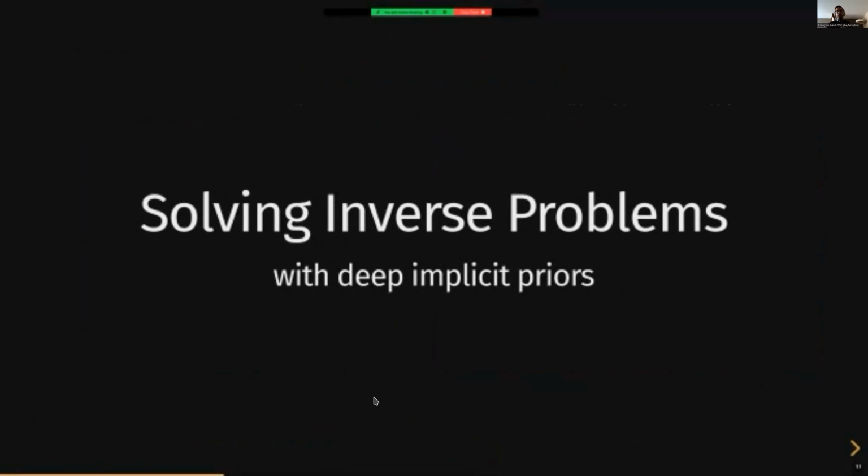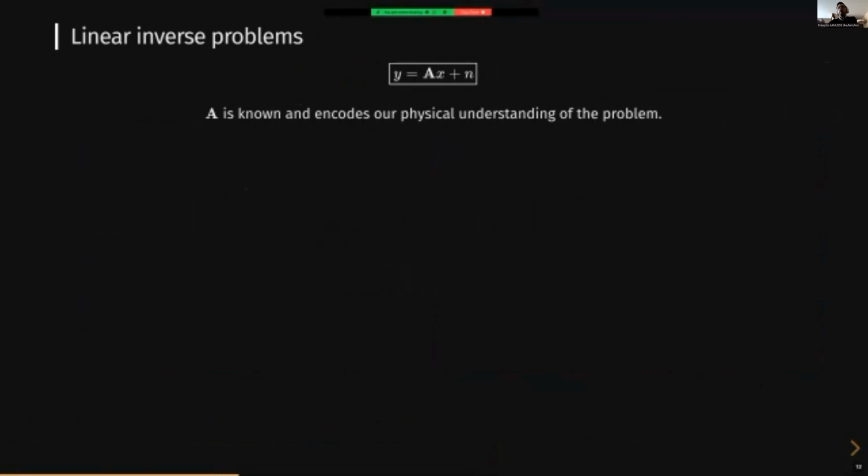I want to show you the first example of such an application, which is to try to solve inverse problems. I don't know if you've already met them in your own research, but they are pretty much everywhere in science and in engineering in general. They usually take this form where you acquire some data Y, and you're trying to recover some unknown data X. That data is being corrupted by this operator A in the middle, plus a little bit of noise over there.